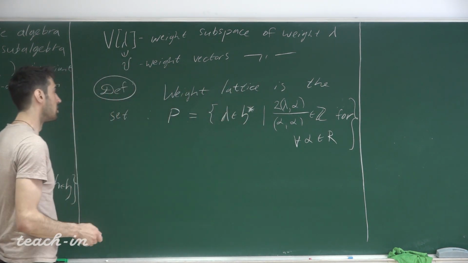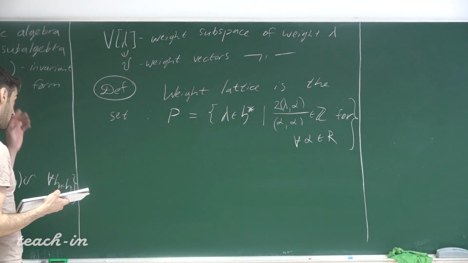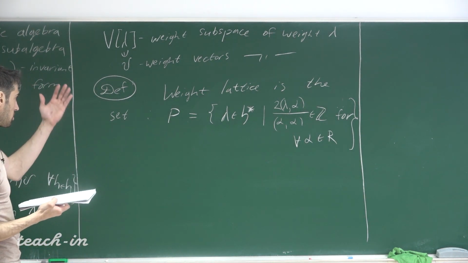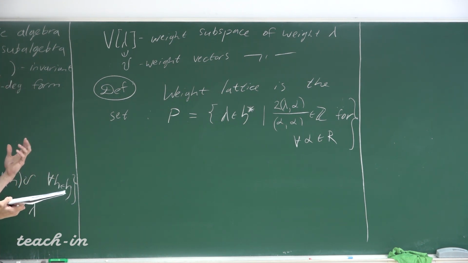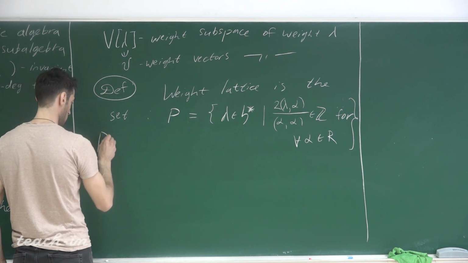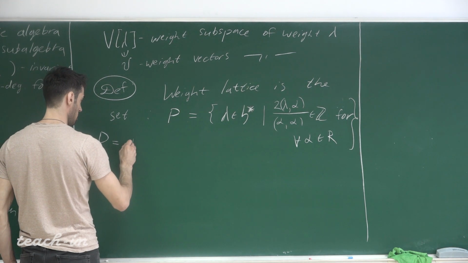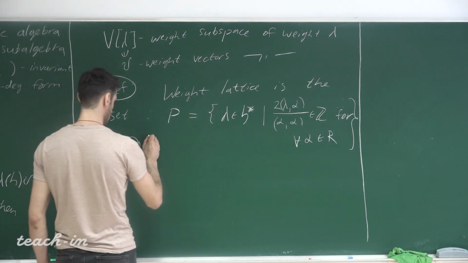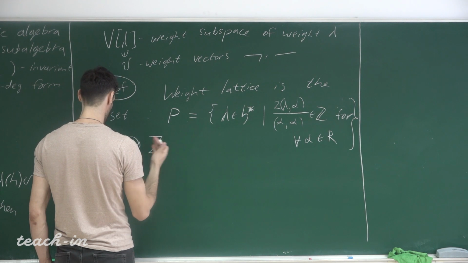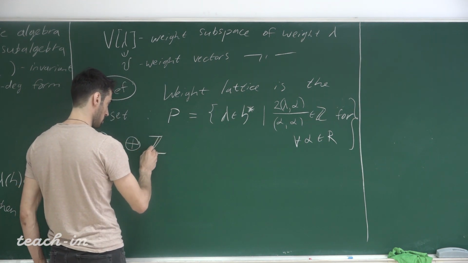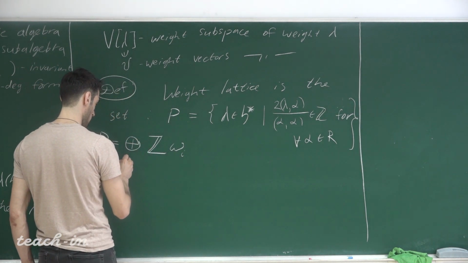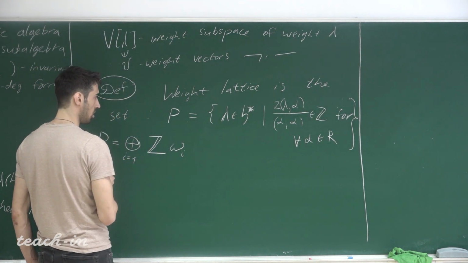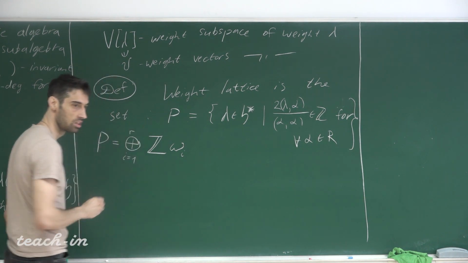Okay, so this is actually a lattice because it has some basis. As we saw in seminars, P is a module over integers with basis omega i's, where i runs over all simple roots.